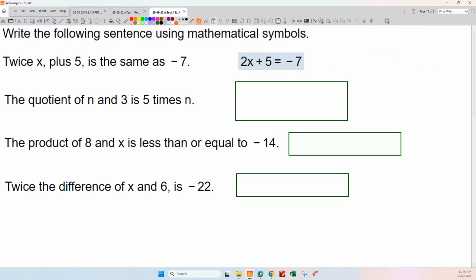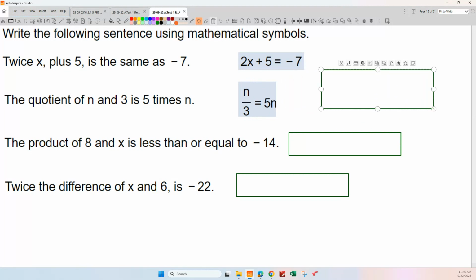All right, good. Okay, the quotient of n and 3, what's that? What's quotient mean? Division. So n divided by 3 is, what's is? Equals 5n. All right, 5 times n, I like it.